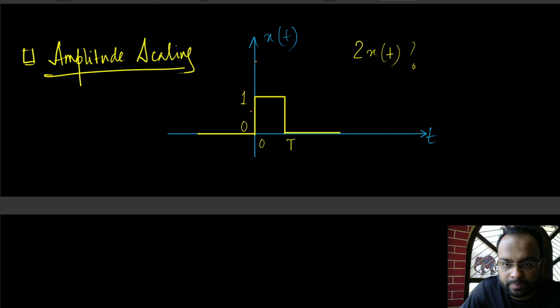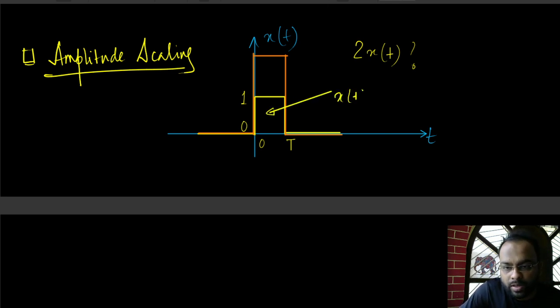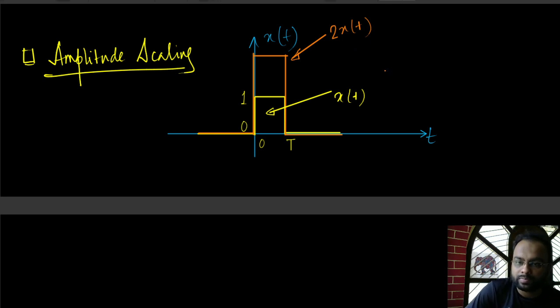So this is 2x(t). The amplitude just scaled by a value of 2. I think this is quite easy to understand.